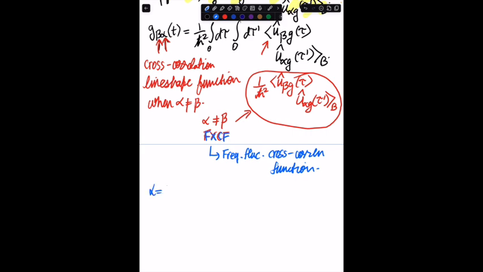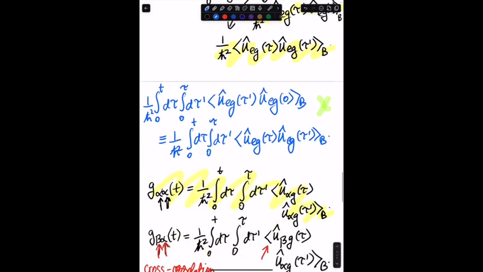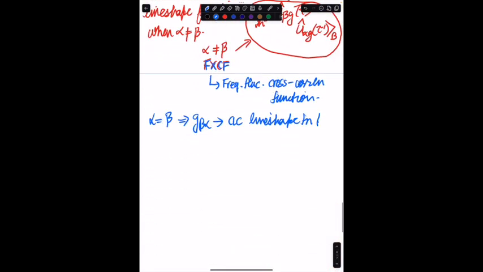When alpha is equal to beta, this G beta alpha corresponds to something like your GEET for your two-level system, right? So in that case, this G beta alpha is your autocorrelation, which I should call AC, line shape function, or simply a line shape function, like how I introduced above. I just called it the line shape function, right? So people call it the autocorrelation line shape function, or simply the line shape function.